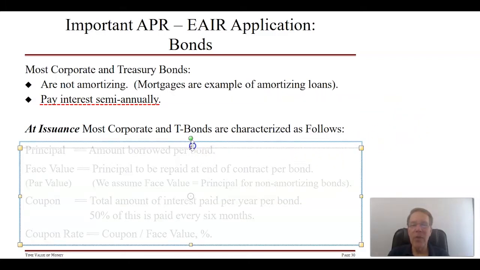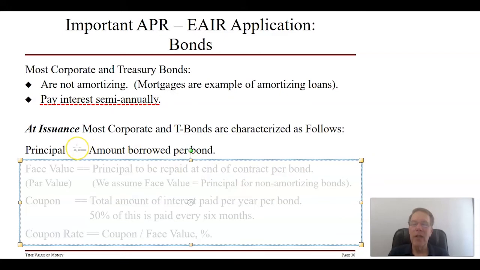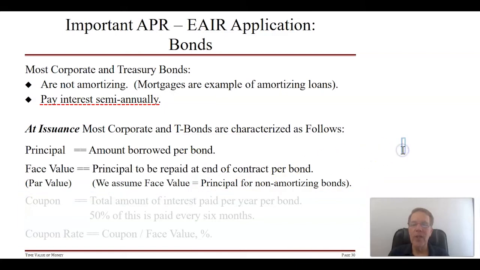So let's get some terms under our belt here. Most corporate and treasury bonds are characterized with these definitions. So principal is just the amount borrowed per bond. And you just got to memorize these. I'm sorry to say, but it's true. See a definition, memorize the definition, right? Okay, so what else do we need to know?